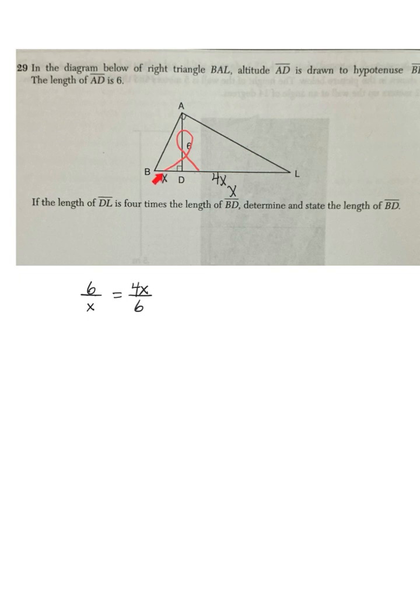So remember, this is a whisker and that's a whisker. So now all I'm going to do is cross multiply, and I'm going to get 4x squared equals 36. I'm going to divide by 4. X squared equals 9. And then to get x by itself, I take the square root, and that's 3.